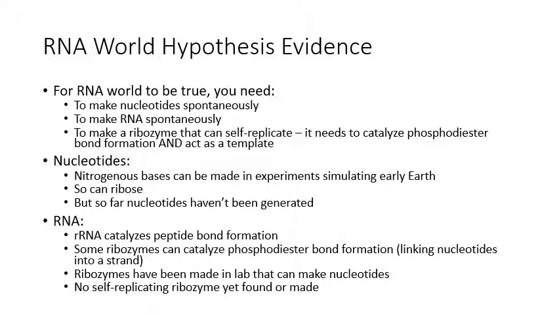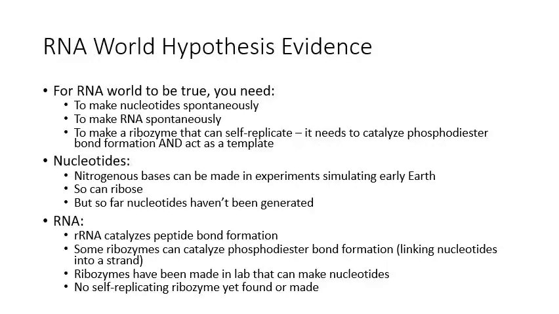Then if we turn our attention to RNA that's already formed, we do have RNA that catalyzes bond formation. So you have rRNA that catalyzes peptide bond formation. And we also have some ribozymes that can catalyze phosphodiester bond formation, which is the type of specific catalysis that you need in order to have a ribozyme that builds itself.